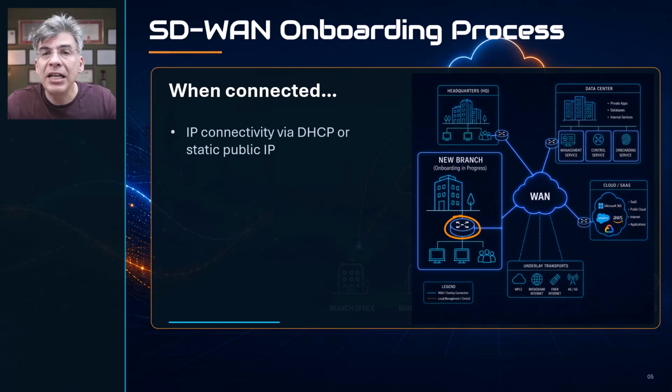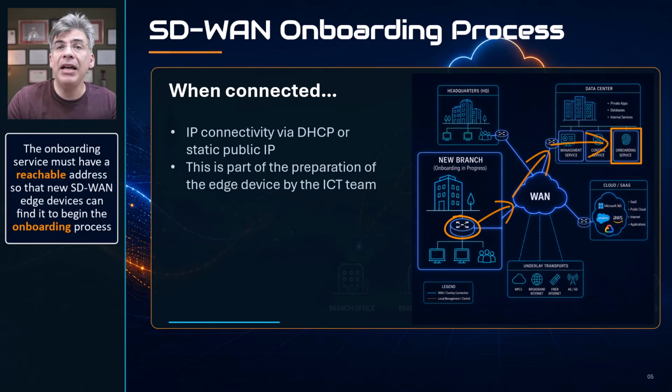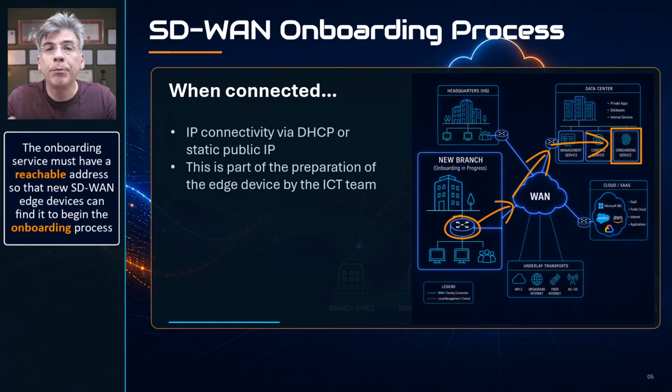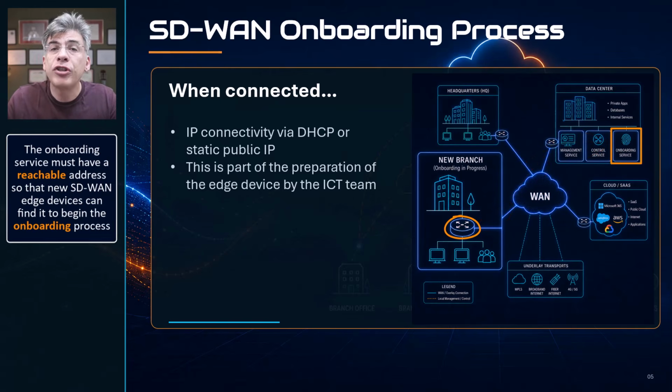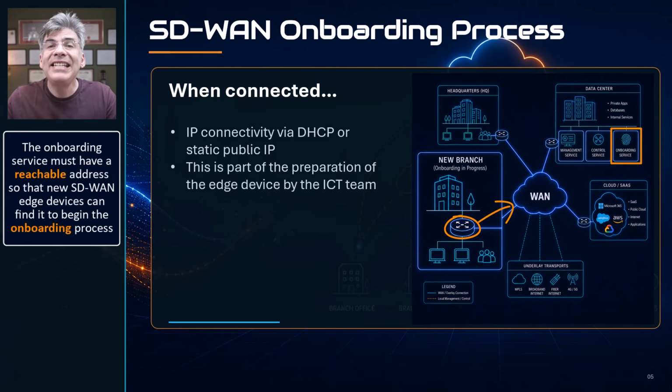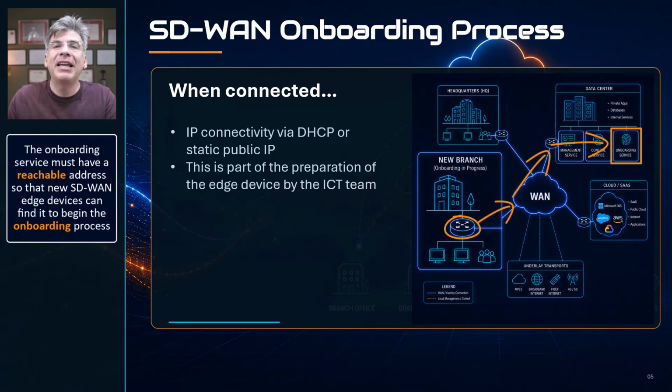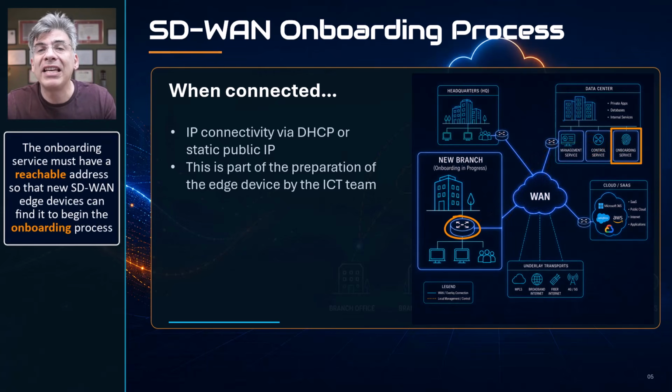Using the local WAN transport available to the branch, it tries to contact the pre-configured onboarding or validation service. How does it do that? It will have been configured beforehand to search for a particular public IP address that belongs to that onboarding service. This is the preparation that must be done by the ICT team before they send it out.